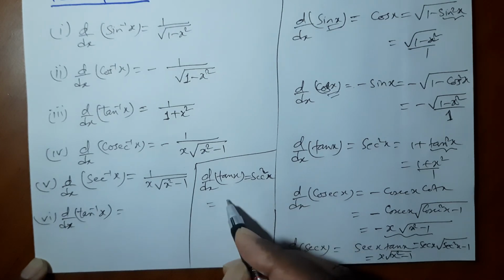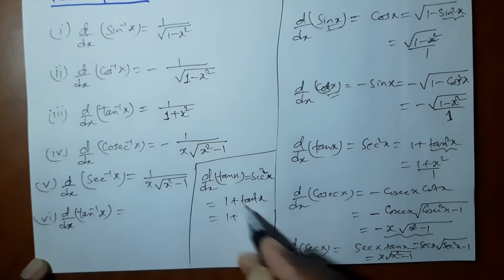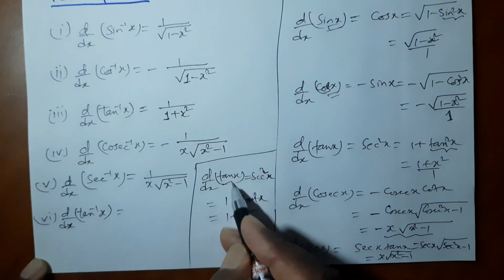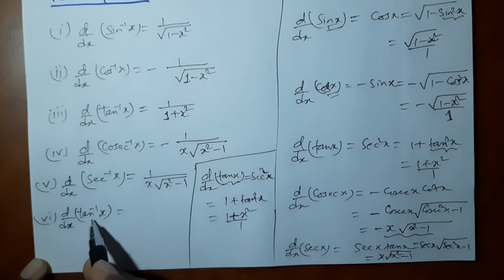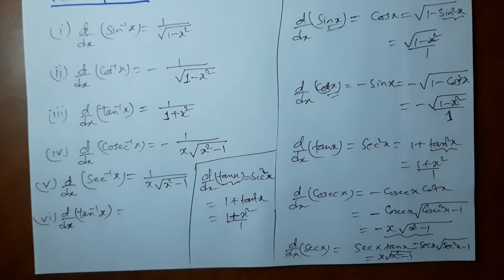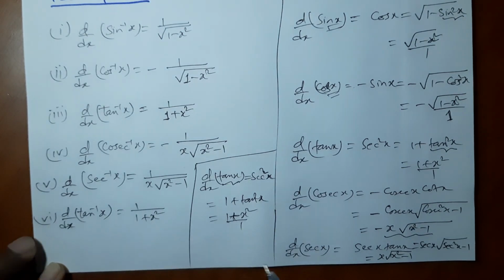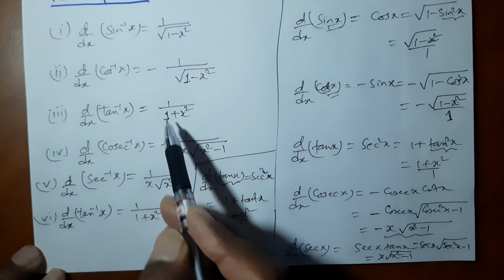Sec square x means we can write 1 plus tan square x, and then replace this tan x by x, so here will be x square, and now from tan x we got 1 plus x square, but we have to find out derivative of tan inverse x, so inverse means just opposite, and opposite means reciprocal of this, that will be 1 over 1 plus x square. Okay, so here 2 times I found out derivative of tan inverse x, sorry for that.